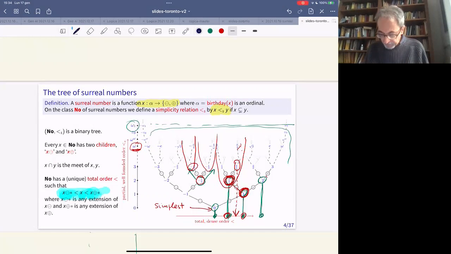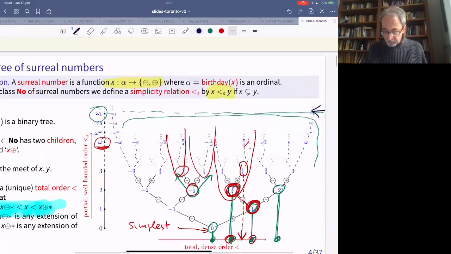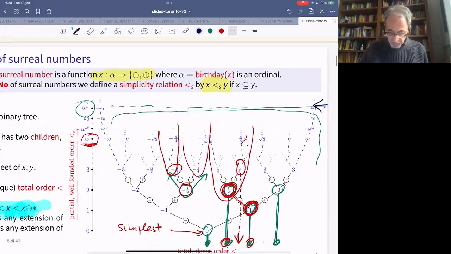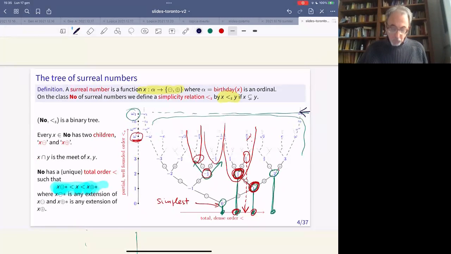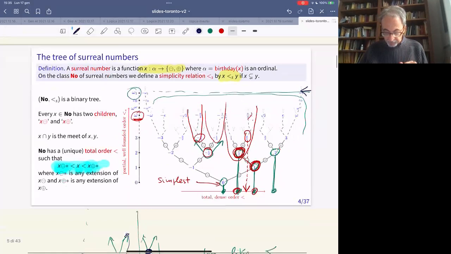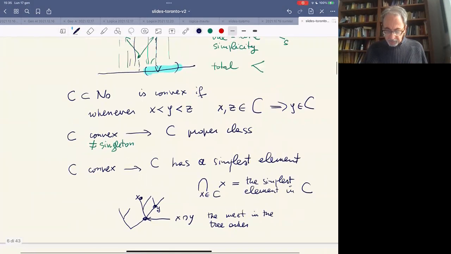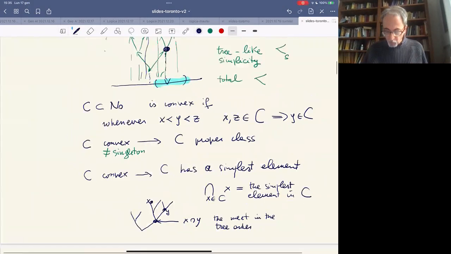So if you don't like proper classes, you could consider only countable ordinals and binary sequences of countable length. Of course, then some of the things that I'm going to say only work for countable sets. But you don't really need to be overly worried.